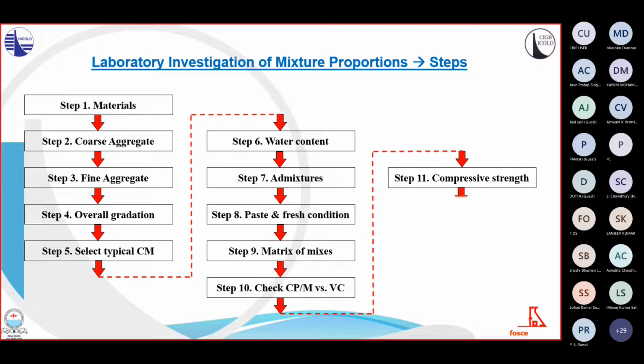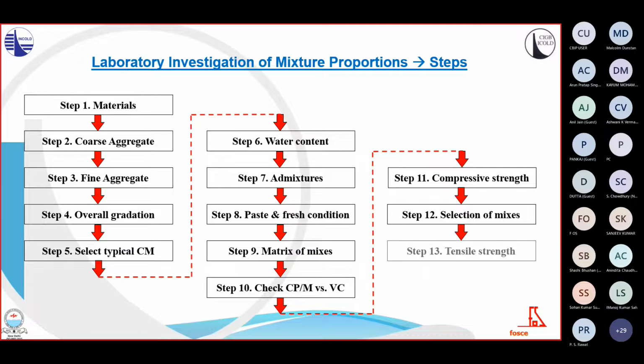Step 12: select two or three mixes meeting the laboratory compressive strength that, based on experience, is required to meet the in situ design criteria for direct tensile, cohesion, and compressive strength. Step 13: in case tensile strength is the critical design parameter, investigate also its development with time for the selected mixes.